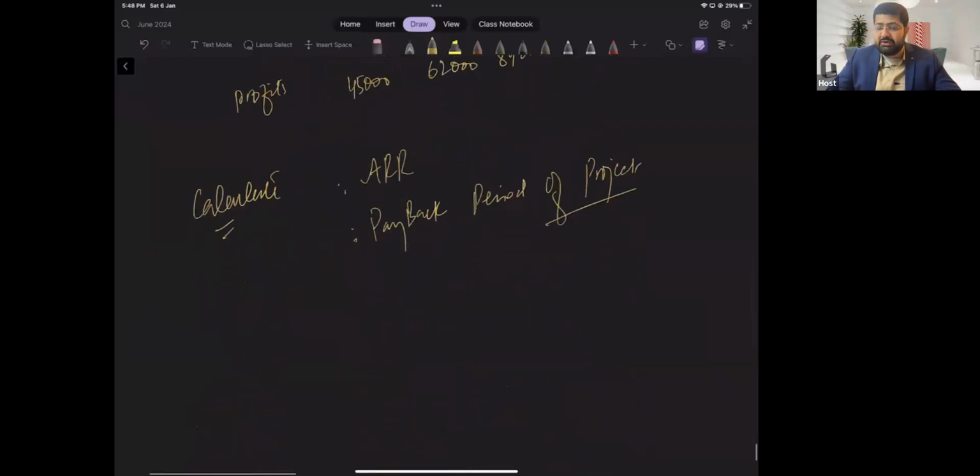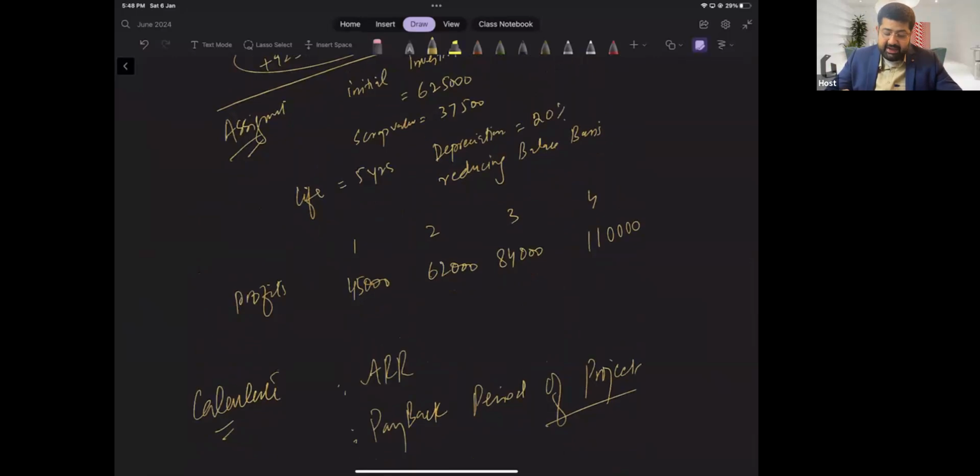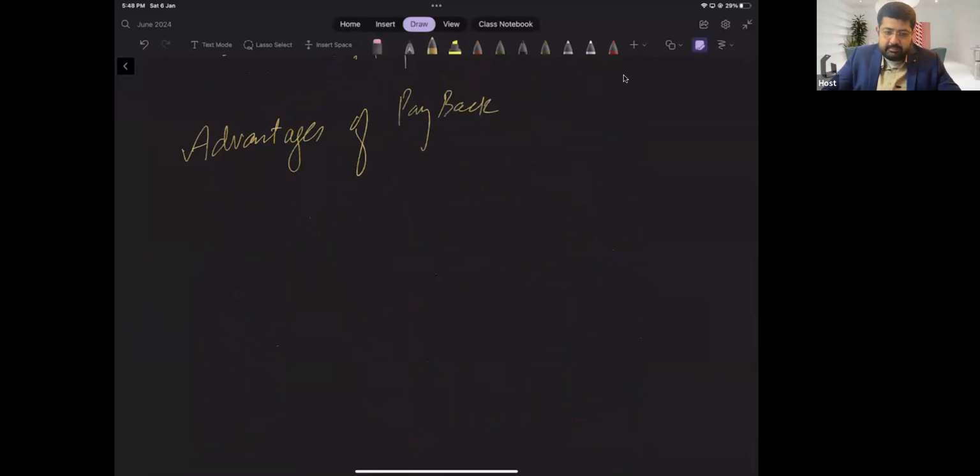Okay. Now, I am going to discuss the advantages and drawbacks of the payback period method. Number one, it is based on cash flows, which are more reliable than profits.